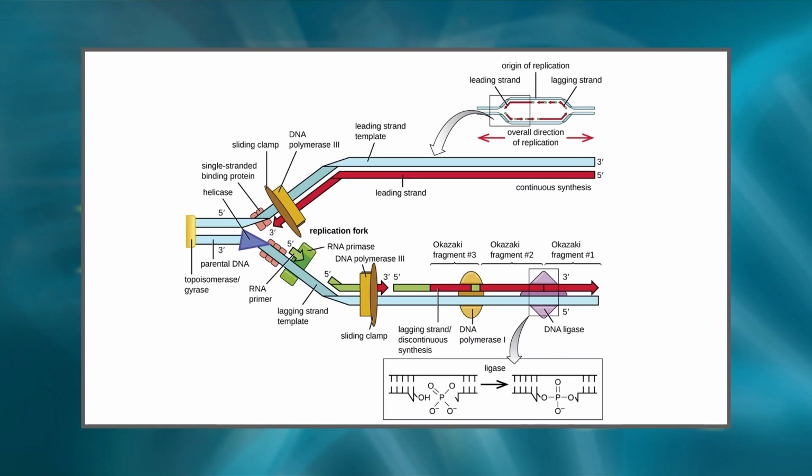DNA polymerases also possess exonuclease activity that cuts incorrectly added nucleotides and allows DNA replication to happen without errors.